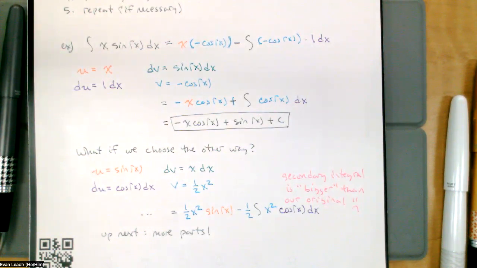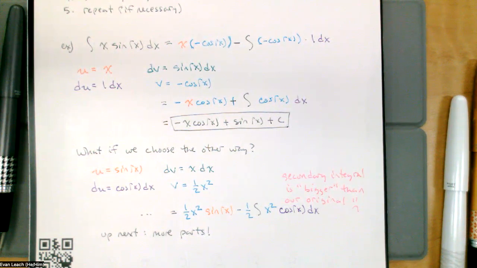You have to remember that parts starts off with this choice. If you get stuck on a parts problem and you've only attempted it once, you're not stuck on the problem yet. You're not stuck on a parts problem until you've attempted the problem at least twice. If neither choice of parts works out for you, then you can declare yourself stuck.